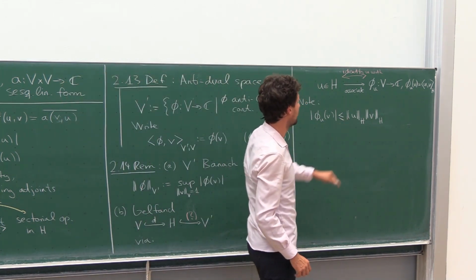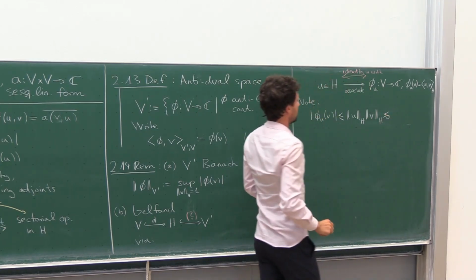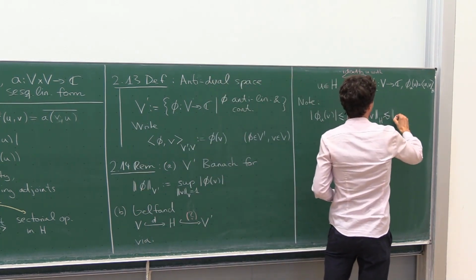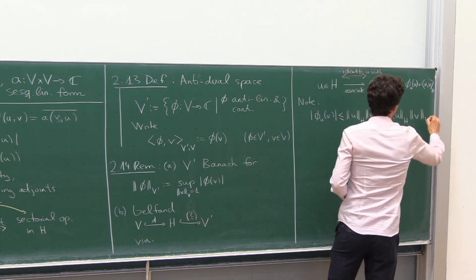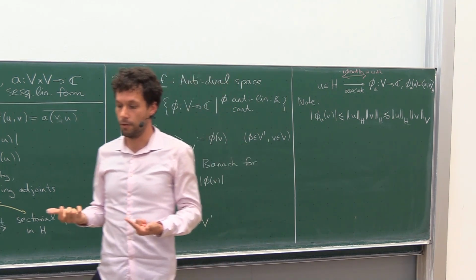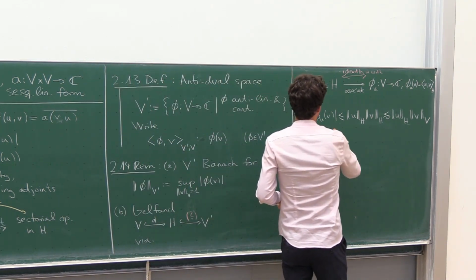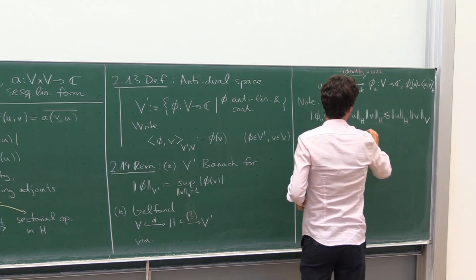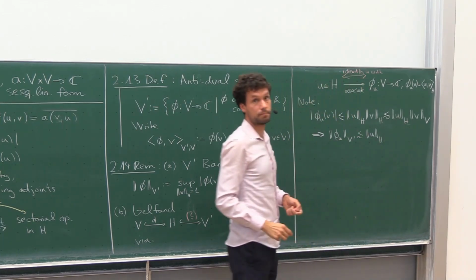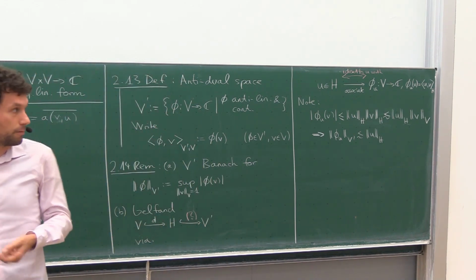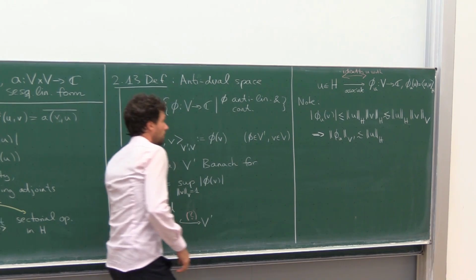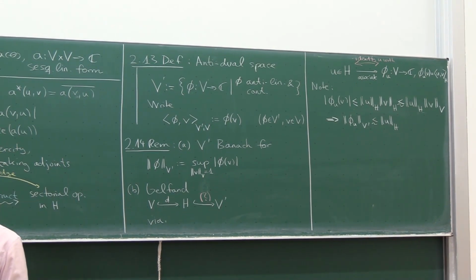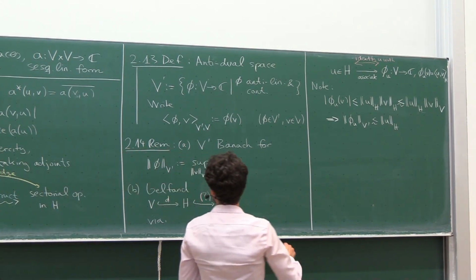So I apply Cauchy-Schwarz here, and now the only thing I'm doing in addition is the stupid observation that V embeds into H. So the V norm controls the H norm, and so I can do this up to a constant, and therefore it follows that phi U is in V prime, and the V prime norm is controlled by the H norm of U. Two things follow at once, and this tells you that indeed we have defined an embedding, and this embedding is continuous. Sweet.